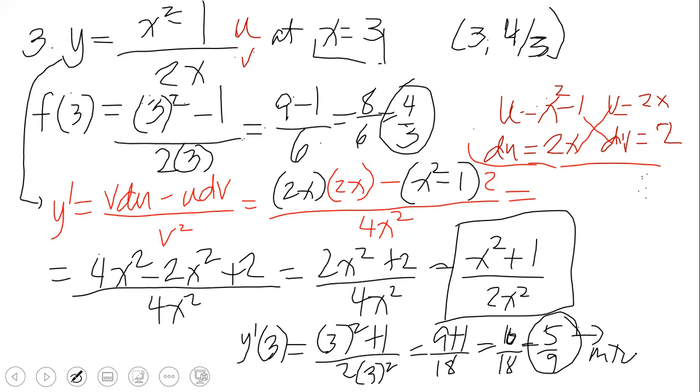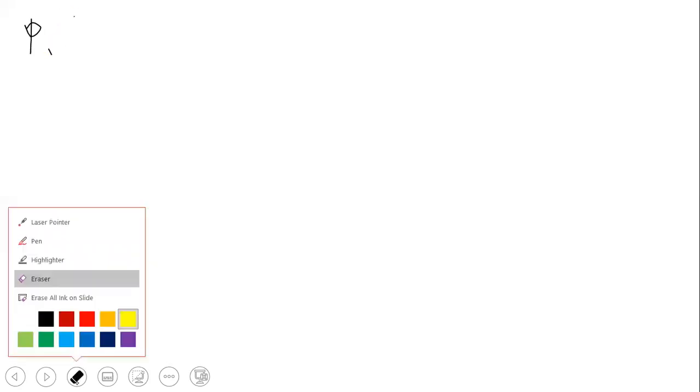So, you have already the slope and you already have the point of tangency. So, we now can solve for the equation of tangent line. So, you also have the point of tangency: 3 and 4/3.